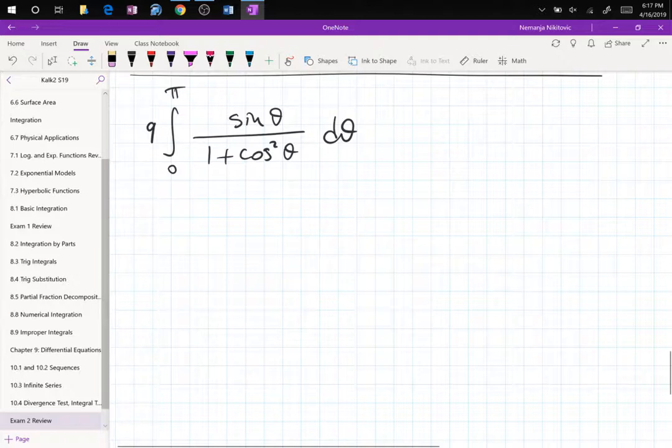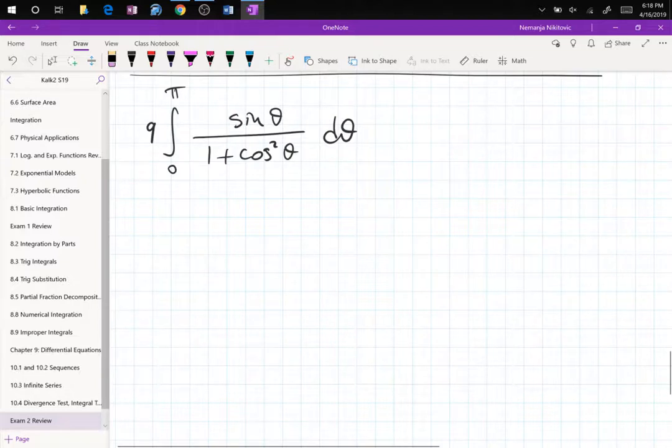So you have du over 1 plus u squared. You can't u it? No, because that'd be the negative. I think it's one of those ones. But that's an identity, is it right there? What's the identity?